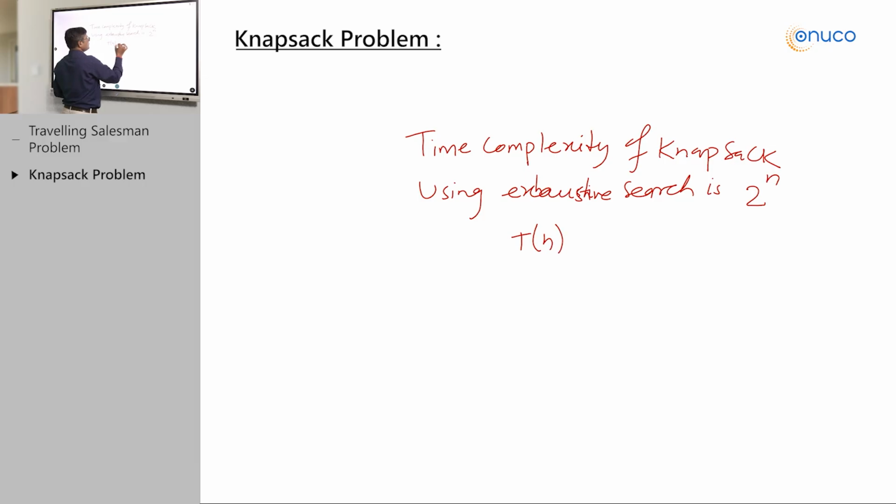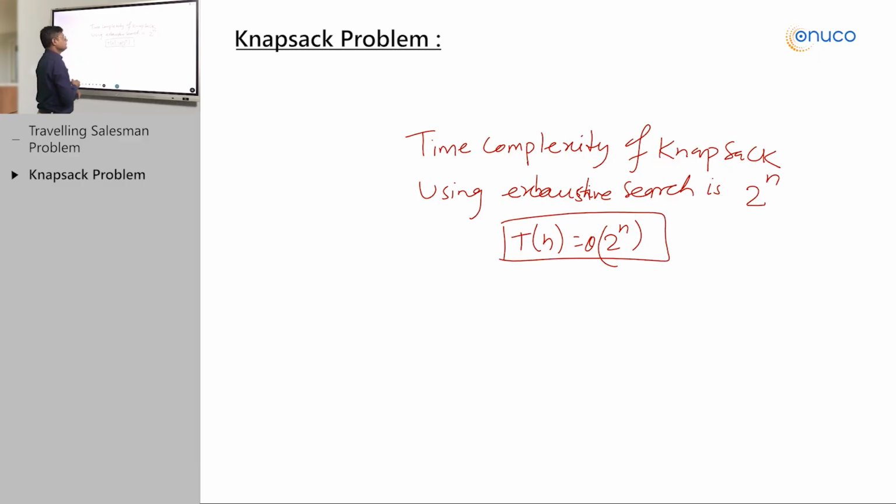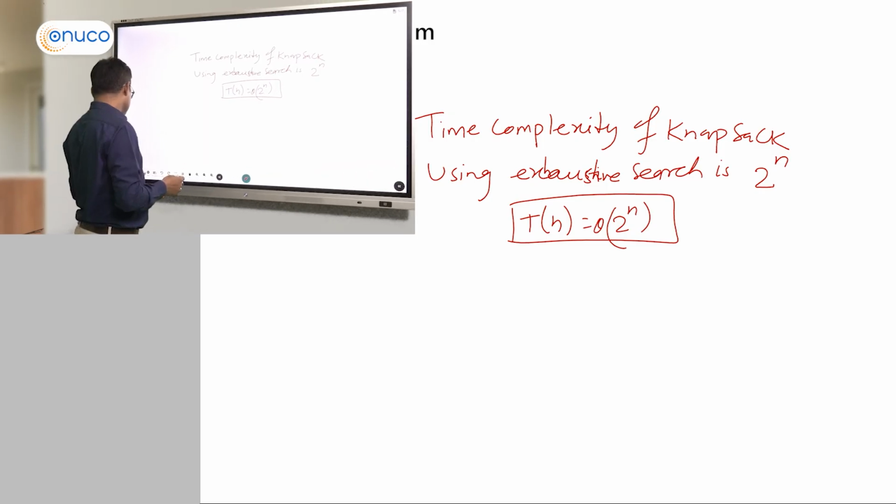T of n is equal to theta of 2 power n. Okay, theta of 2 power n. Just now we have seen that all possible solutions are 2 power n. So theta of 2 power n.